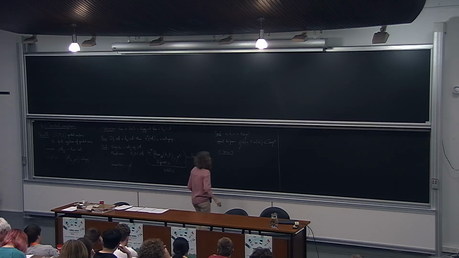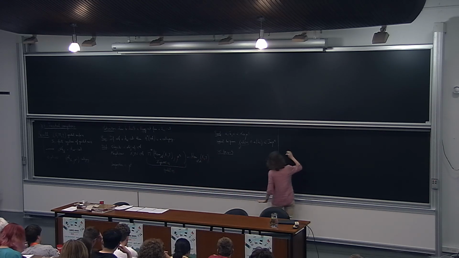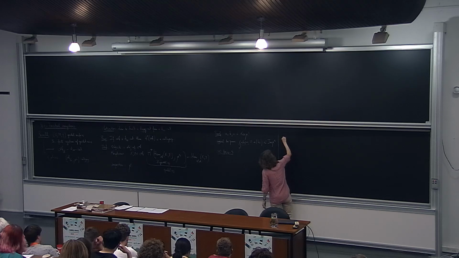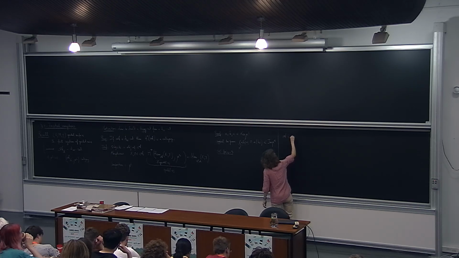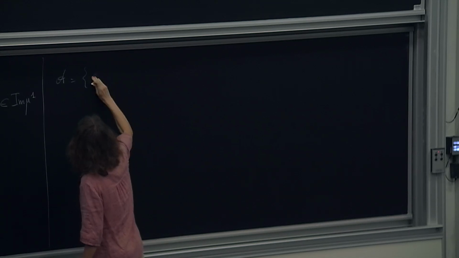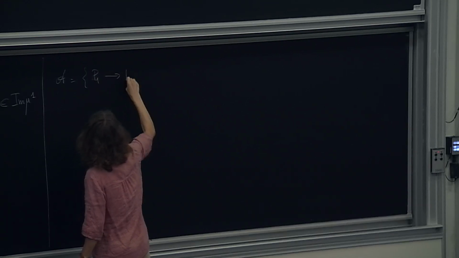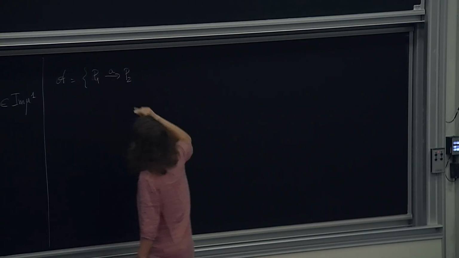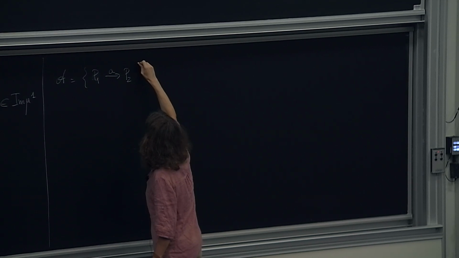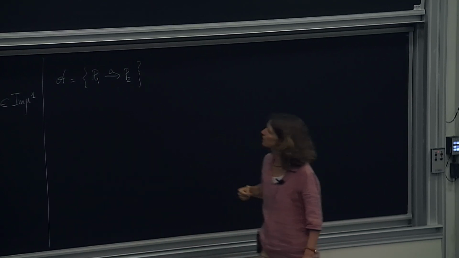Okay, so the idea is really that if we start with A given by a quiver, I would just denote it like this: P1, P2, with a space of morphisms of dimension 1.